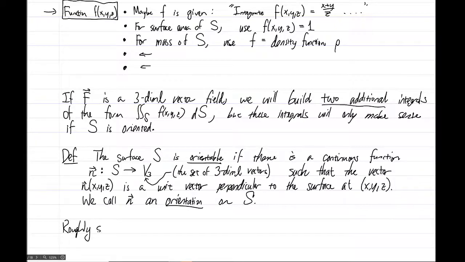Roughly speaking, S is orientable if S has two sides. This two sides business is more like everyday language. So let's take a look at some examples.